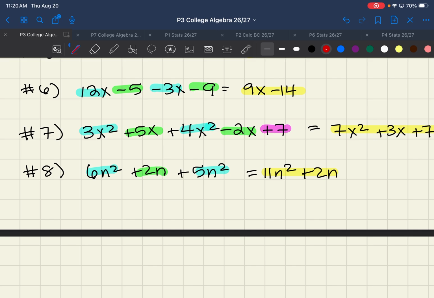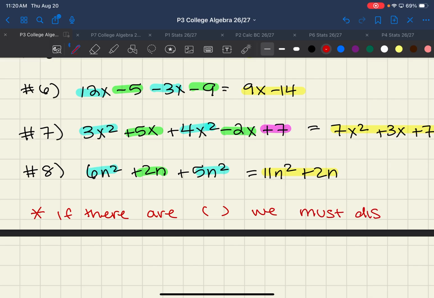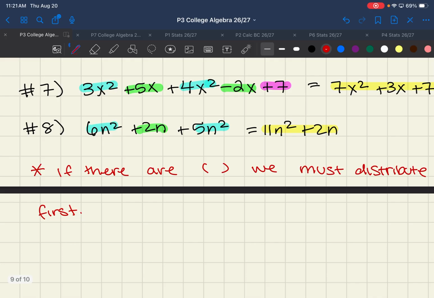Okay, so now the next part, a little note before we do the next problem, is what would we do if we see parentheses? So if there are parentheses, we must first distribute. Okay, so I'm going to draw my arrows telling me that I'm going to take that 2 and multiply it by every term on the inside. So I have 2 times x, which is 2x, and 2 times 3, which is 6.